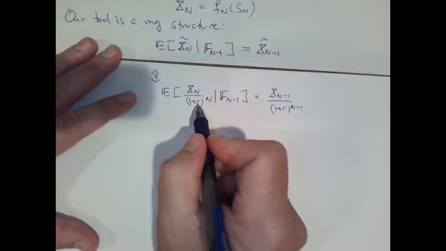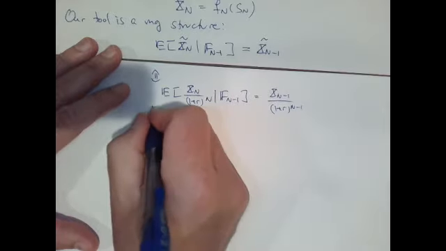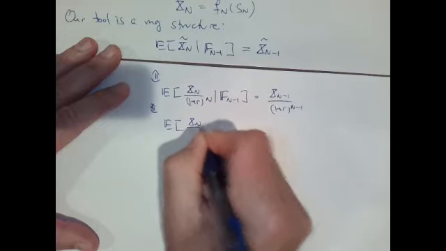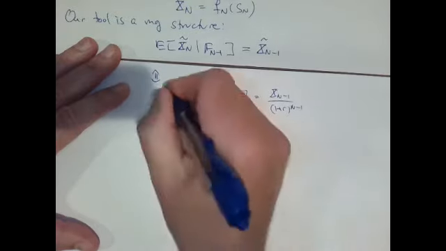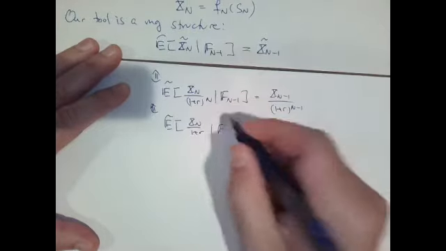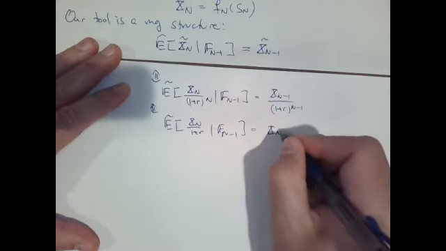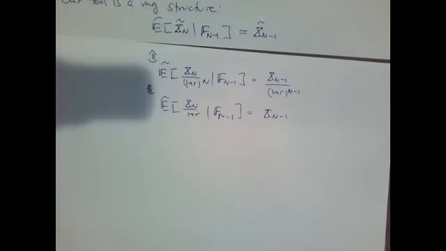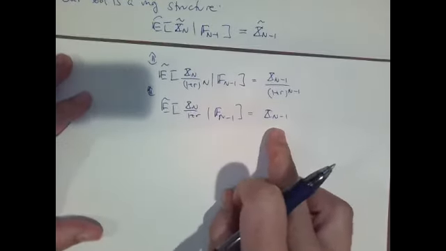And so I can pull this 1 plus r outside and move over, and I'll end up having that the expectation, under the tilde measure, of x n divided by 1 plus r, given F n minus 1, is exactly x n minus 1. So this is how I get the wealth at time n minus 1.